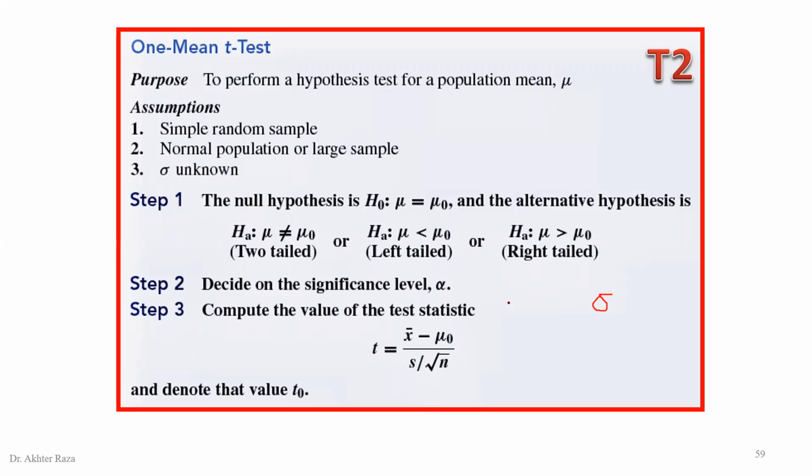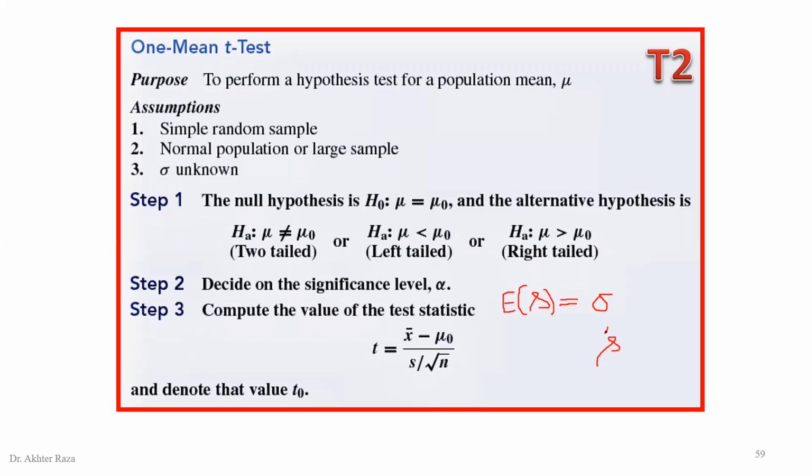So we can say that the expected value of S is sigma. This is known as an unbiased estimate of sigma. Sample standard deviation is an unbiased estimate of sigma, a point estimate of sigma.